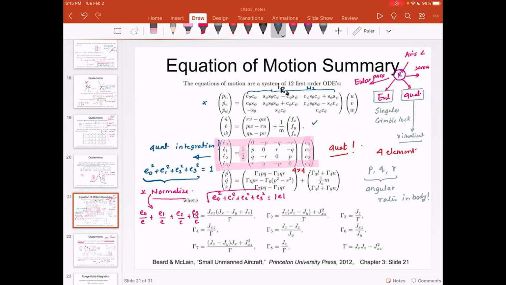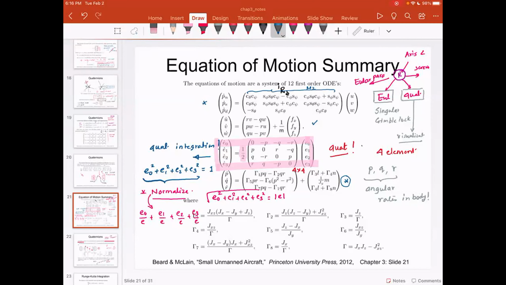So these are the angular rates. These angular rates come from the next equation, which is given over here. This is the rotational dynamics equation, and it is going to give us the values of P, Q, and R at every time step.